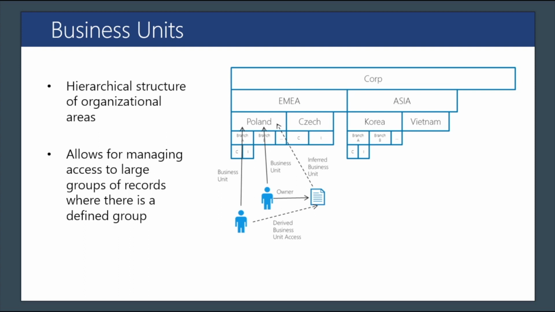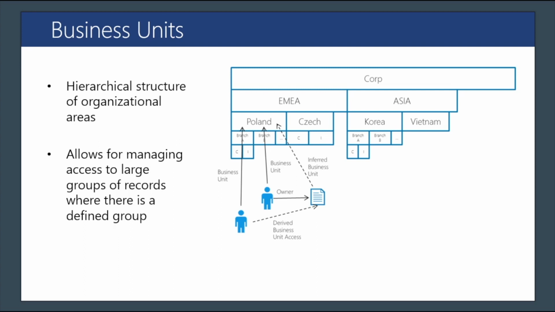So if we look here, we've got one user who's a member of the Poland business unit. And we've got another user that's a member of the Poland business unit. This user, who is the owner of the record in the system, has access to that particular record because they are the owner of the record.